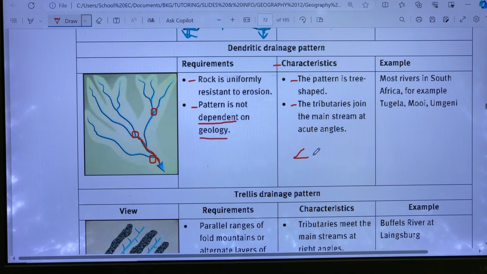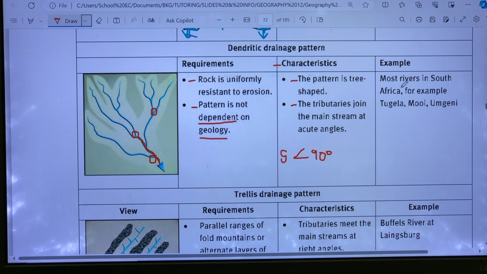Let's say this is 90 degrees, so they're less than 90 degrees. Let me say these are the streams. The streams join at an angle that is less than 90 degrees, at an acute angle. I hope you understand that, guys.